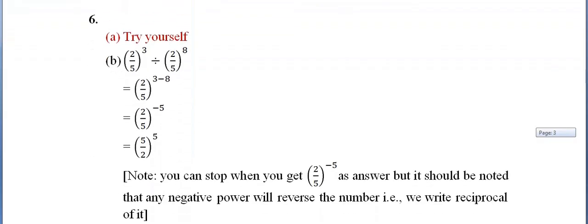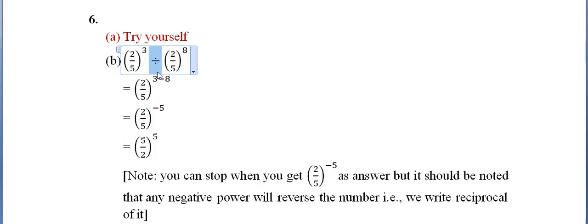Now question number 6. Simplify the following. Question number A, I want you to try by yourself because it's very simple. I'm doing question number B. As you can see out here that these bases are same and there is a sign of division.